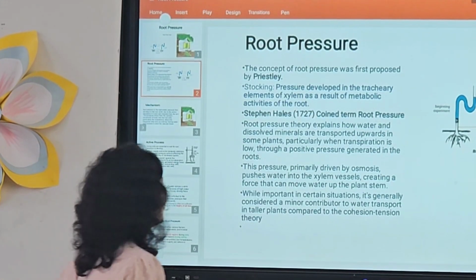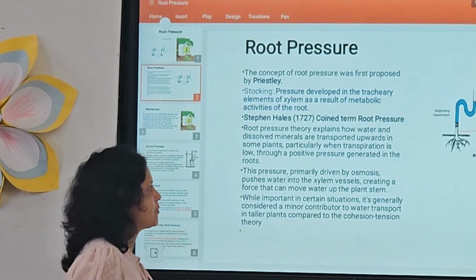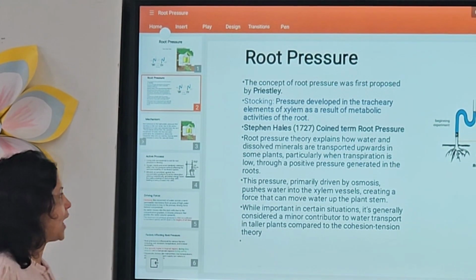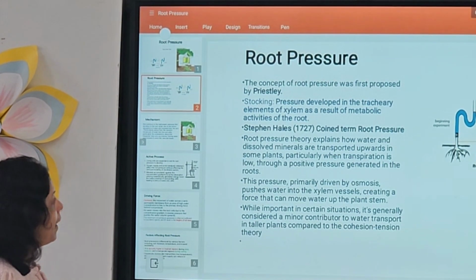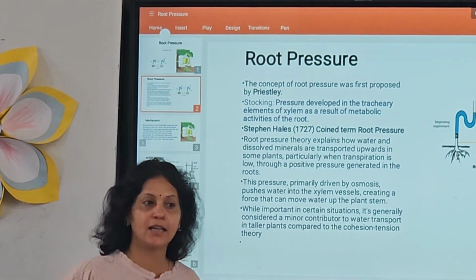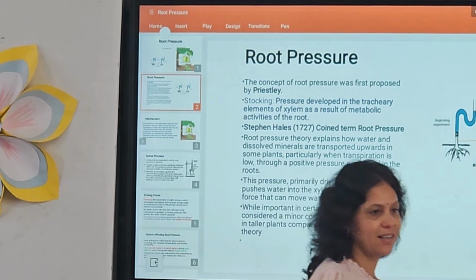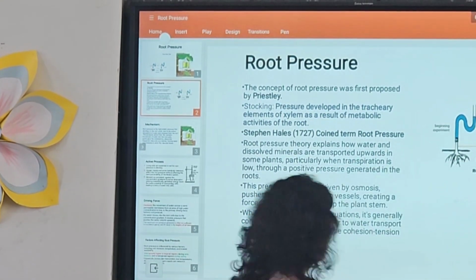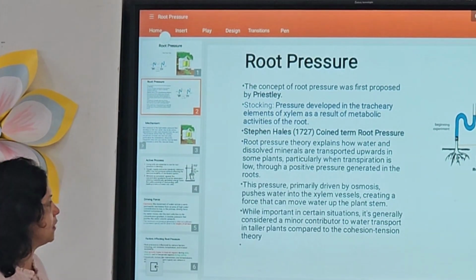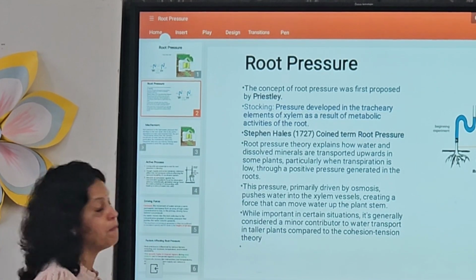As I explained earlier, root pressure is an active process, meaning it requires some energy for the transport of the ions from lower concentration to higher concentration along with the water, and this energy is provided by the metabolic activities occurring inside the root.